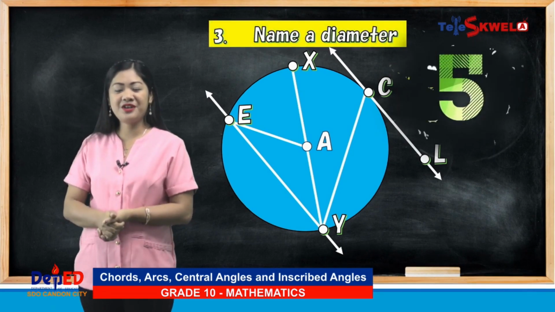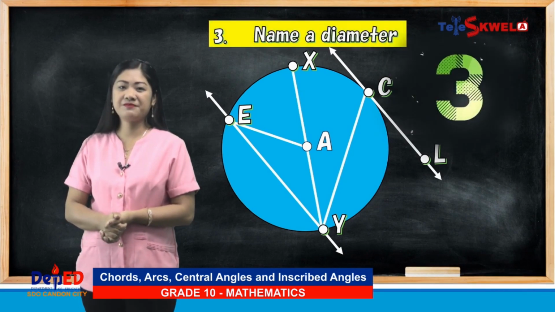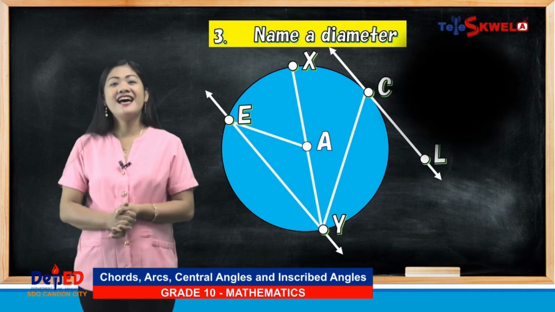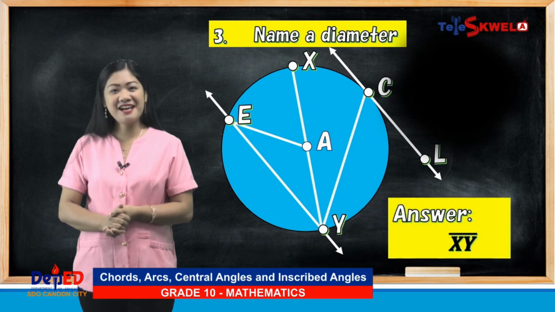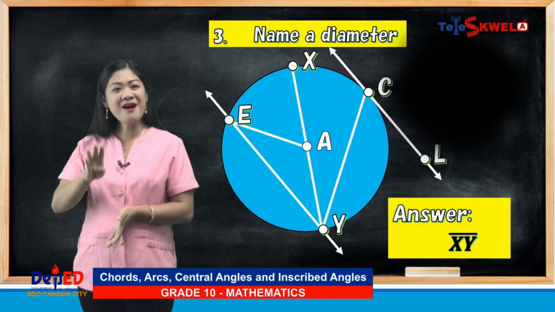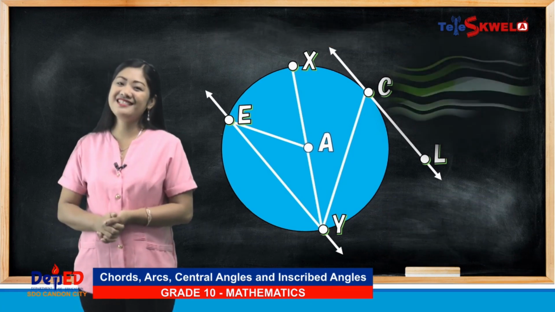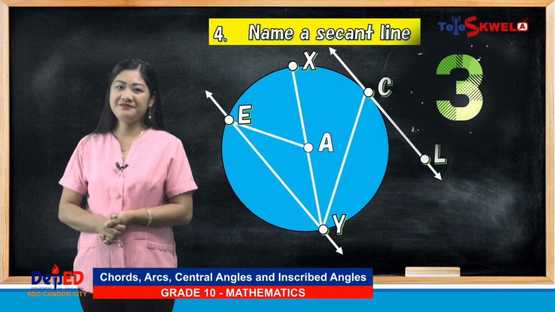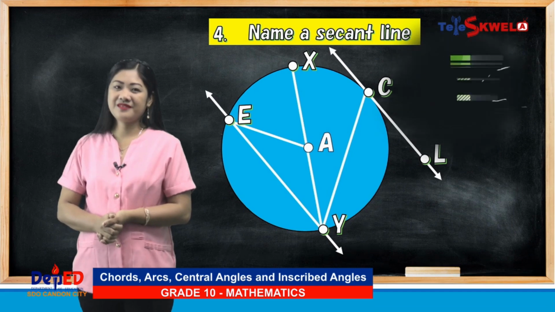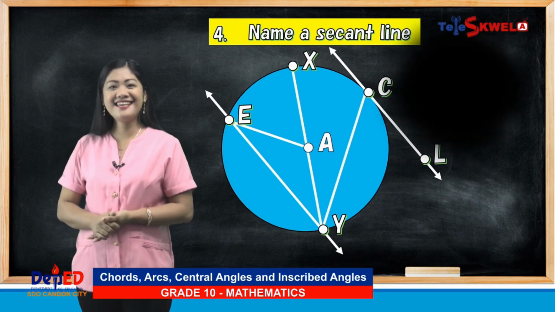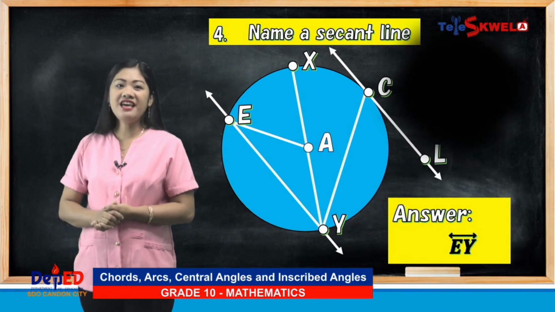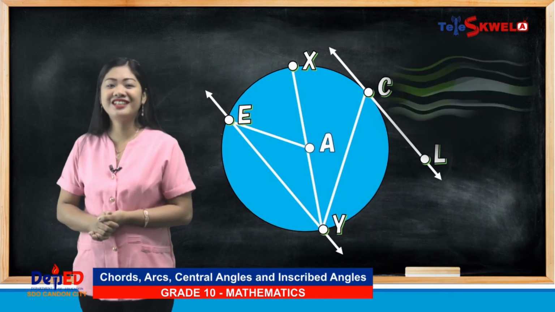Name a diameter of circle A. The answer is segment XY. Number 4. Name a secant line of circle A. And the answer is line EY. Name a tangent line of circle A.